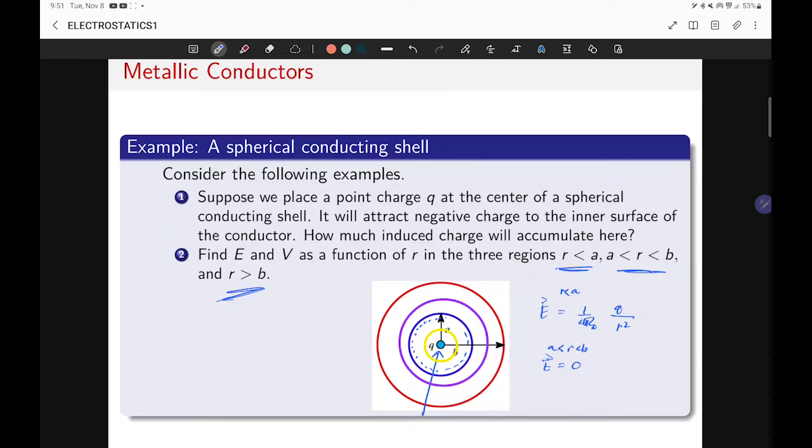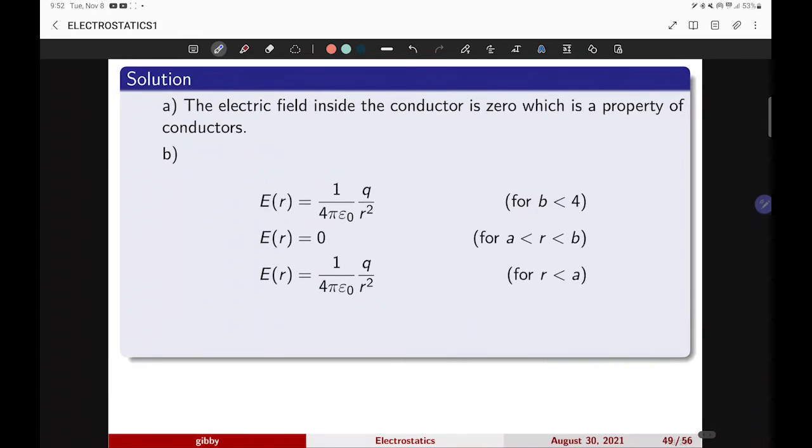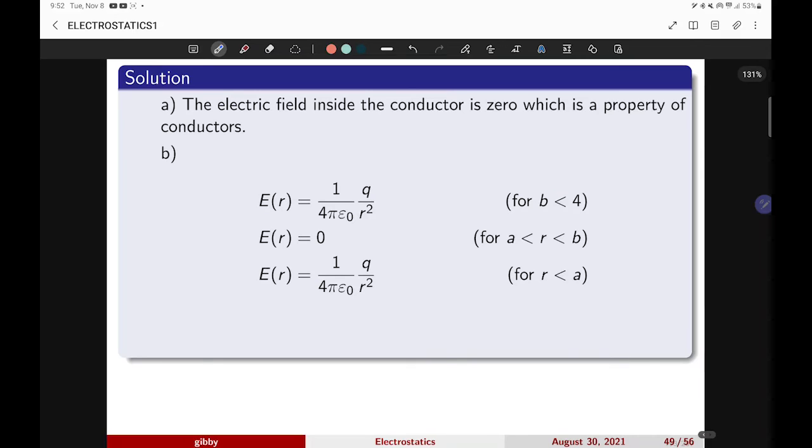How about the electric field for R greater than B? That means outside. The electric field is then the same as inside, 1 over 4 pi epsilon naught Q over R squared, given by this equation, for R greater than B. We have the three regions.